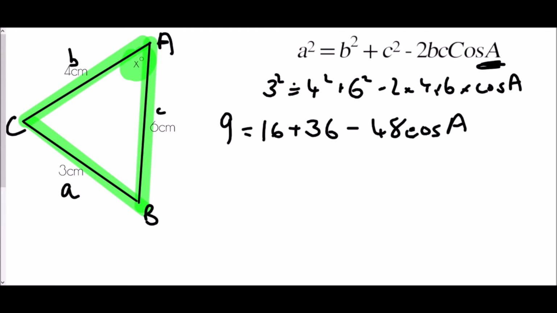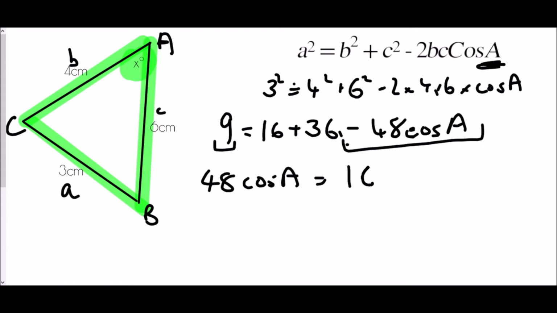Therefore, what I'm actually going to do is add the 48 cos A to both sides, and subtract the 9. So if I add 48 cos A, then I get 48 cos A equals 16 plus 36 take away 9.